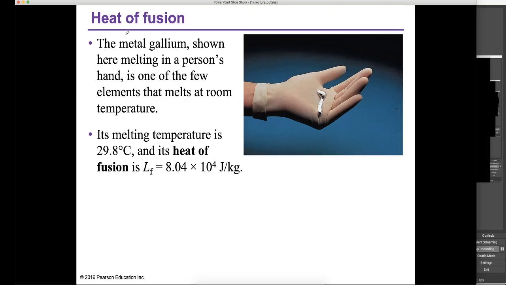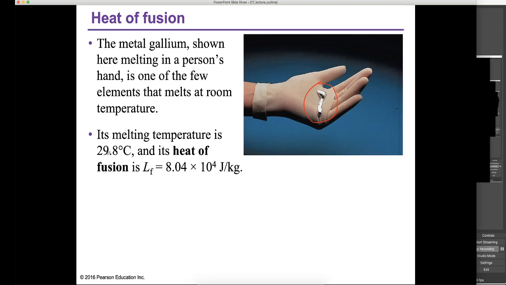For example, the metal gallium, shown in this picture, melts in a person's hand because it's one of the few elements that melt at room temperature.